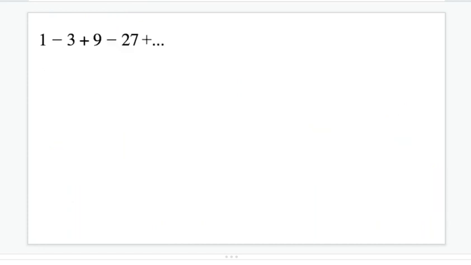So now if I look at this, I can see that I have a series. I have to determine, is it arithmetic or geometric? I can see that if I multiply by -3, I will get to the next number. So that means that it's geometric and the ratio is -3. That tells me that it's infinite.